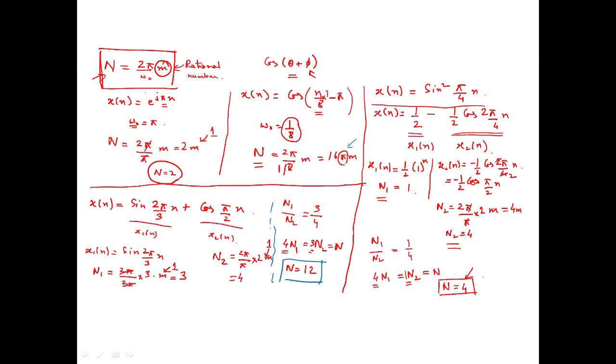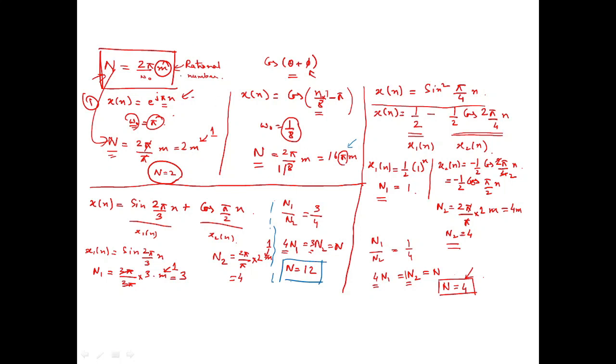The first question is x[n] equals e to the power pi n. In this equation, what is omega naught? Omega naught is basically pi. So capital N is equal to 2 pi by pi, multiplied by m, which is equal to 2m.